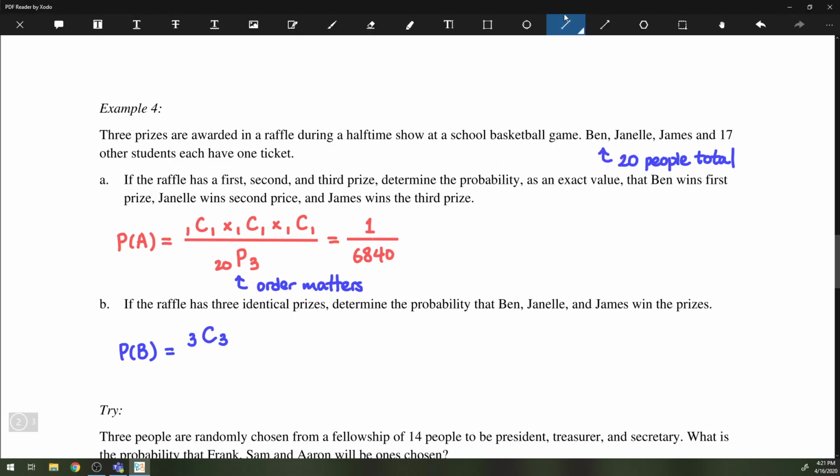And likewise, for the sample space, since the order doesn't matter, we just have 20C3. Again, that's because order does not matter.